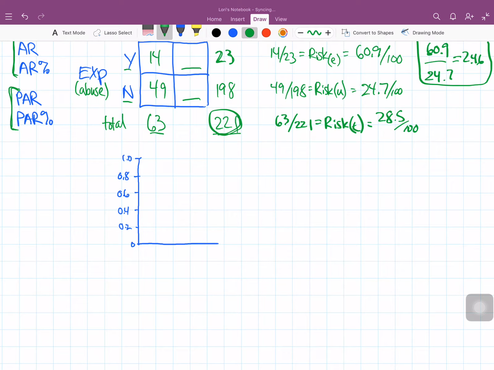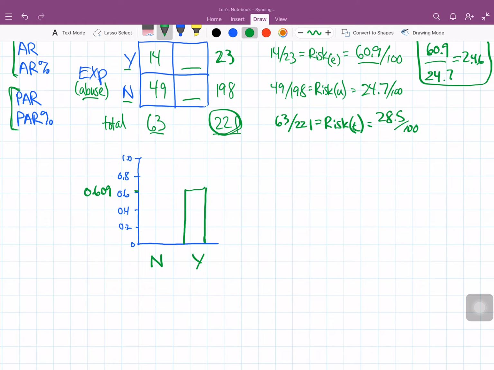So in terms of the risk, and I'll just put no and yes here, the risk in the yes exposed then is going to be 0.609, or slightly above 60%. So we'll draw ourselves a little bar here. That's probably a little too high, but that's our risk among the exposed, those yes exposed to abuse.